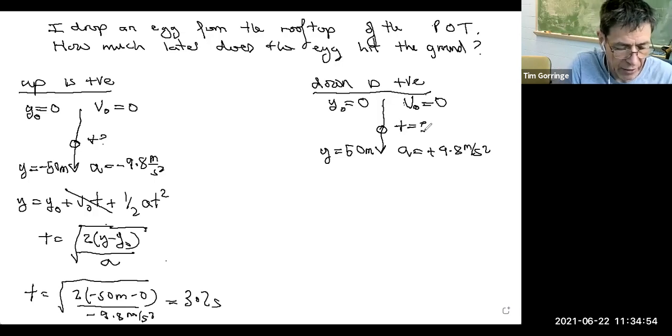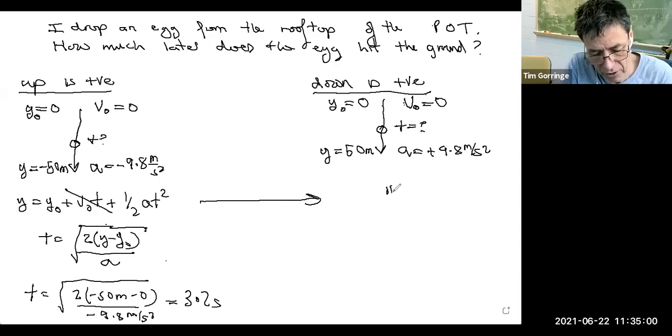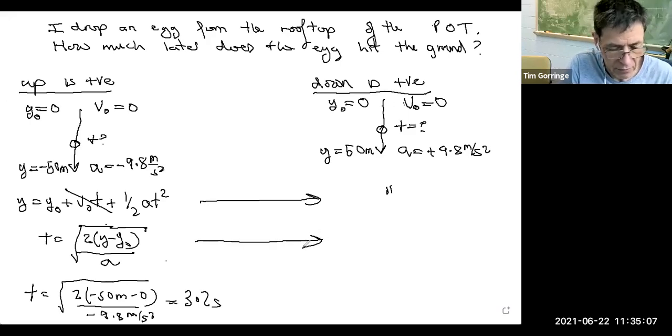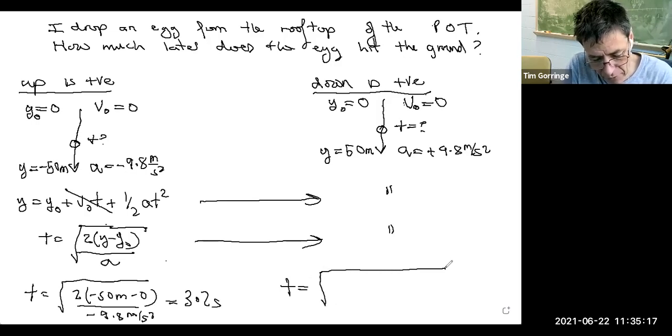Now, when I do the calculation of the time, I would use the same kinematical equation, and I would rearrange that equation in the same manner as an equation for the time. I won't write those down again. And then I would fill in the various quantities in my particular problem.